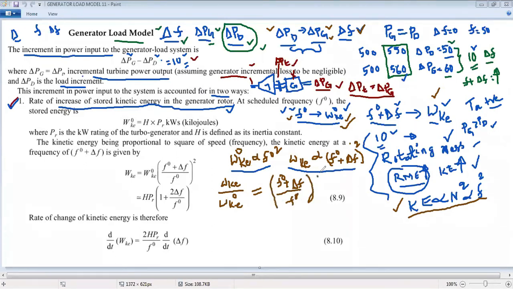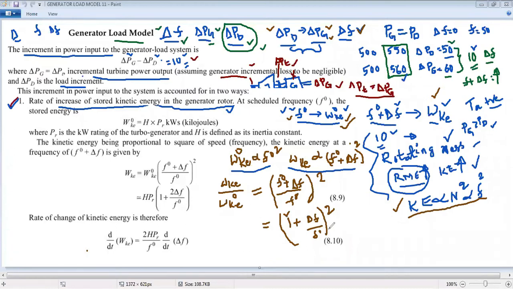As these two relations have f naught square, you can write f naught plus delta f whole square by f naught square, which is f naught plus delta f by f naught whole square. After this you can write it as 1 plus delta f by f naught whole square.